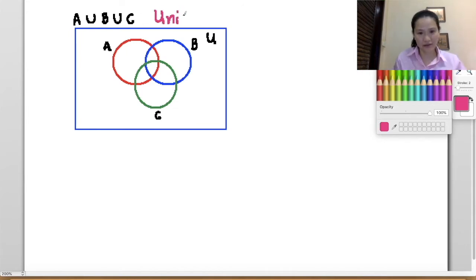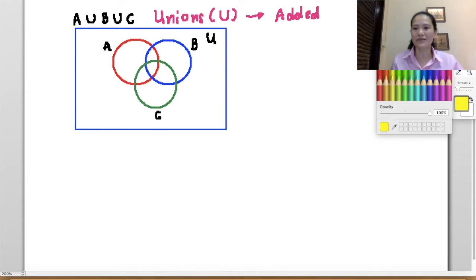Union means union, they use a symbol like this. The concept of union means add. So you add everything together. So when it comes up, it's going to come up this way. Let me show you. I put the color yellow here, it looks like this. This one is union, meaning they add everything together.